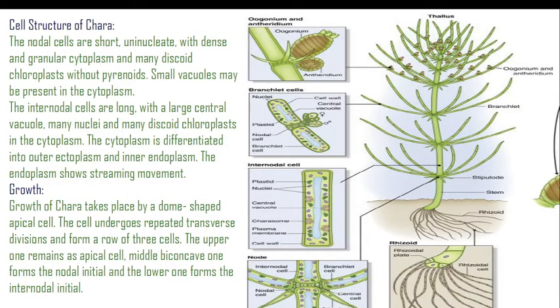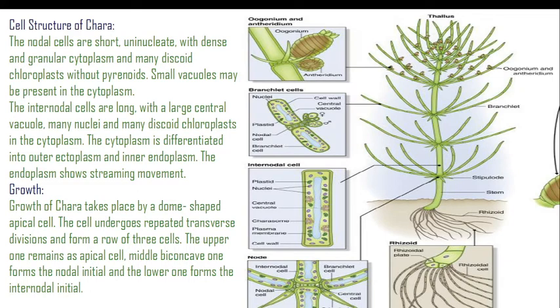Then we come towards the cell structure of Chara. The nodal cells are short. So this one is the nodal cell. These nodal cells are short, uninucleate with dense and granular cytoplasm and many discoid chloroplasts without pyrenoids. Small vacuoles may be present in the cytoplasm.